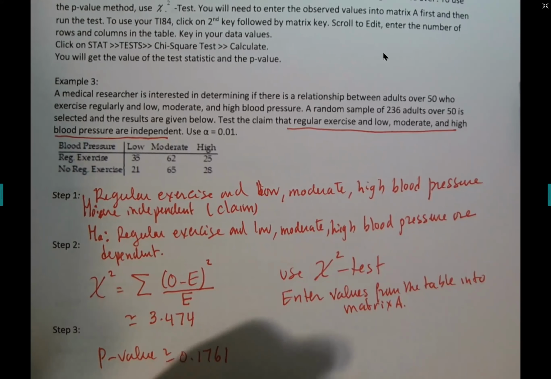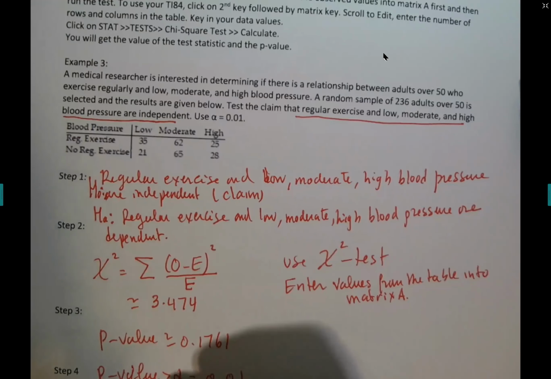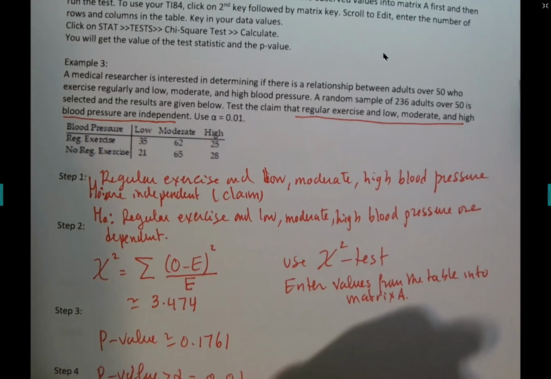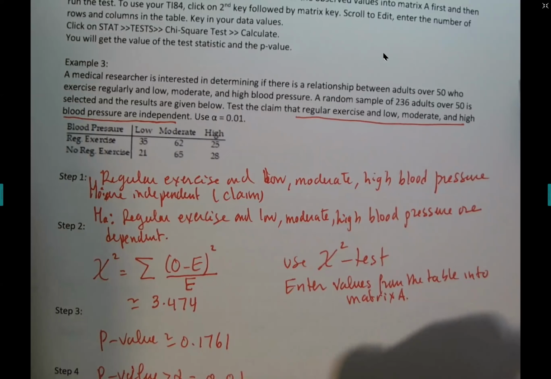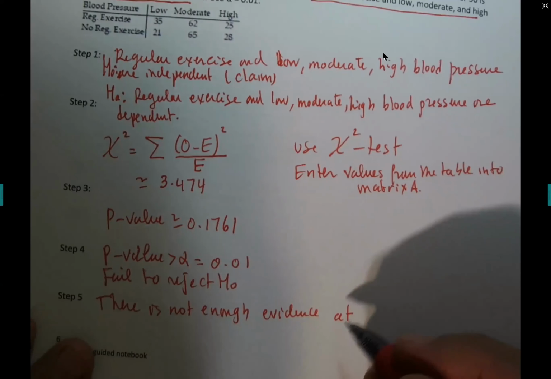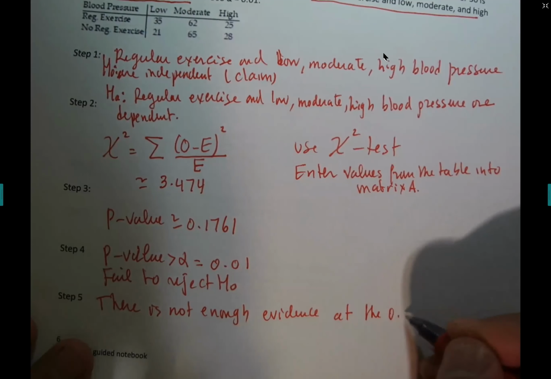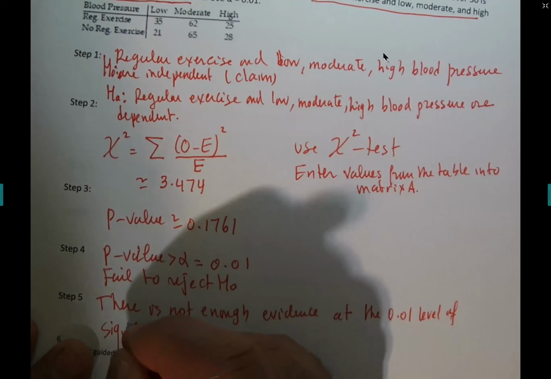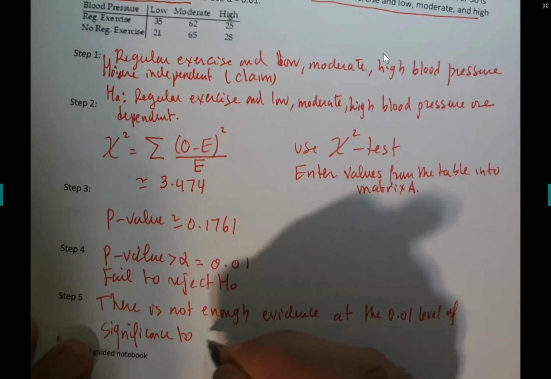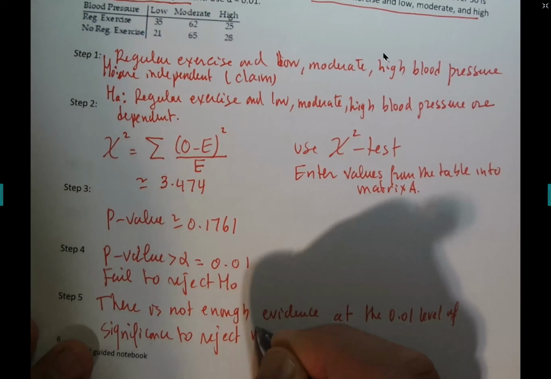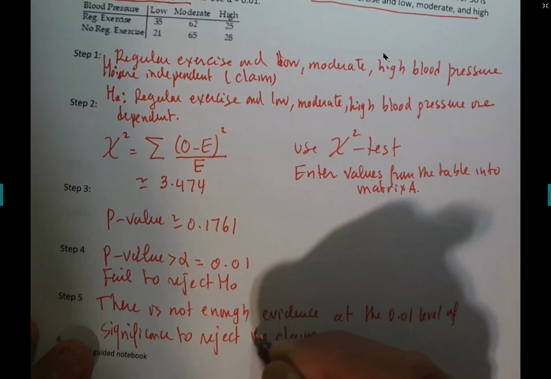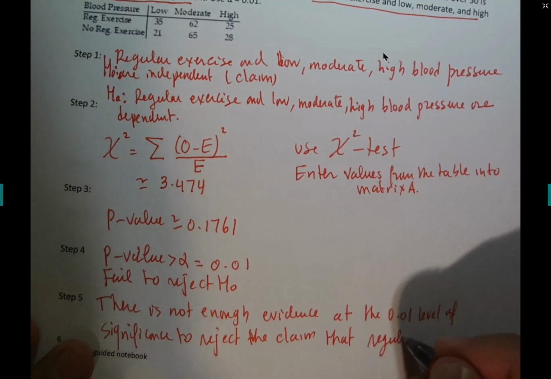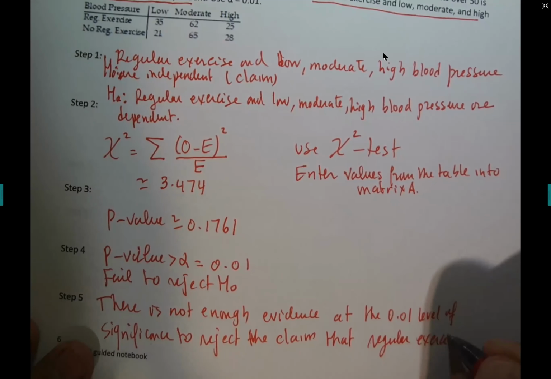And then here you can say there is not enough evidence at the 0.01 level of significance to reject the claim that regular exercise, probably this is taking you by surprise.